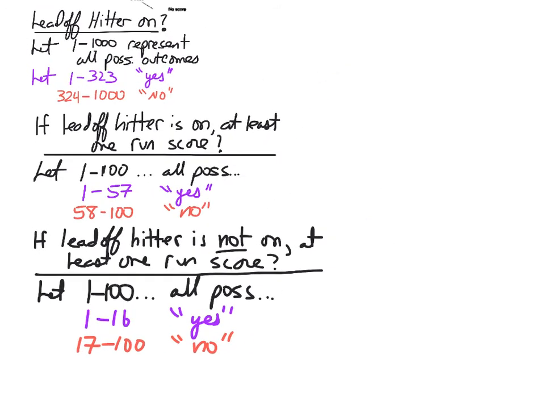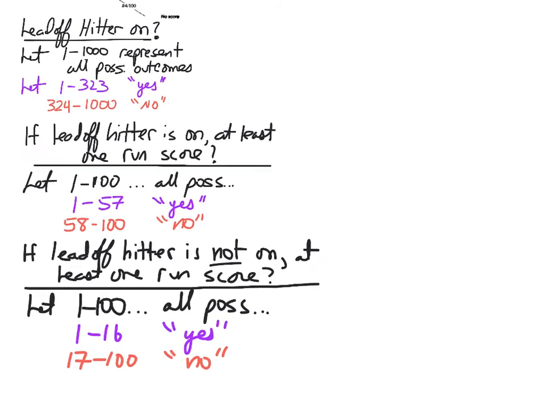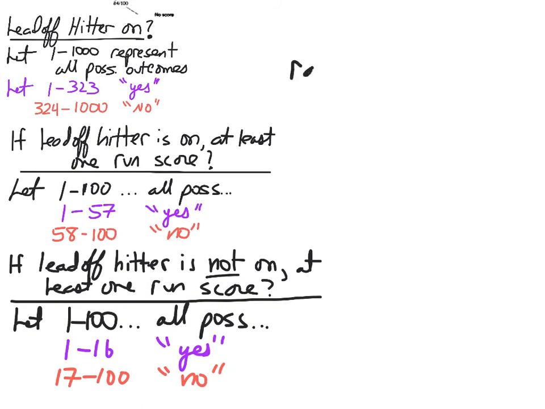Taking the time to come up with the parameters initially, a good setup to your parameters, that's the key to everything. Because now the rest of the problem is going to take care of itself. Because the first thing I would have to do in my calculator would be a random integer going from 1 to 1,000.